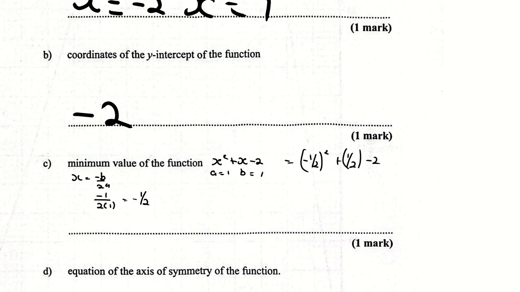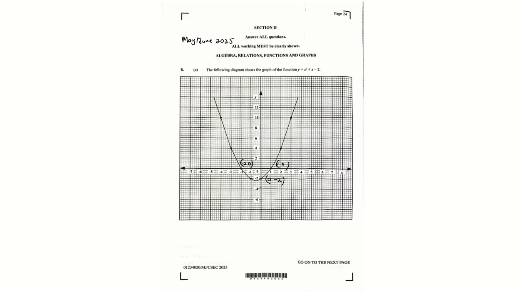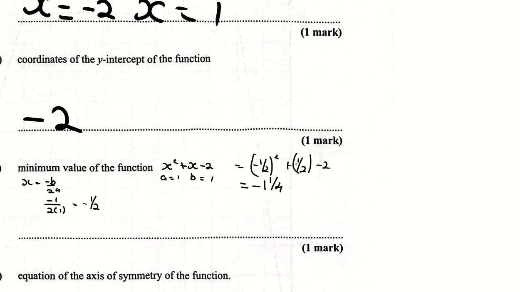Actually, this was supposed to be negative a half, so it's a quarter minus a half minus 2, which gives negative 2 and a quarter.